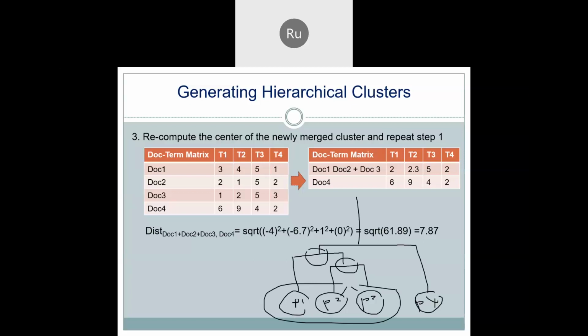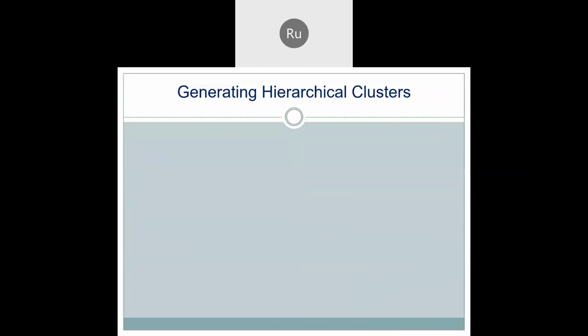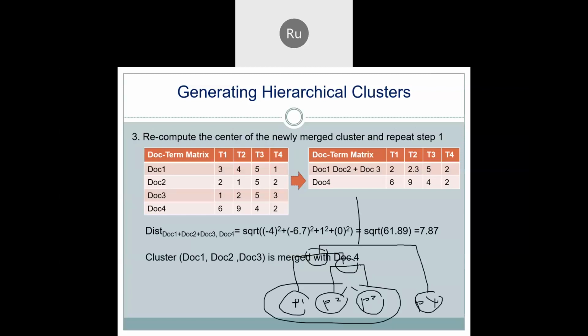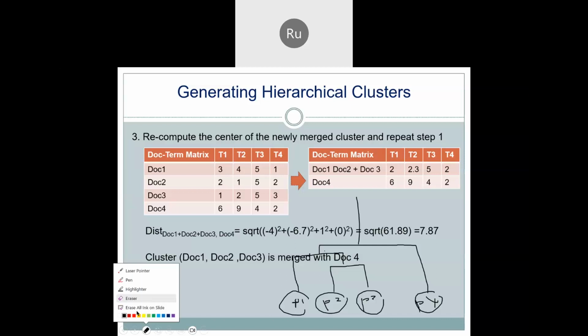So now, how do we apply the single link or the complete link? Let's suppose we use single link. If I go back to here, the good thing about this is that we can always find the clusters here. Let's suppose we say I want to find two clusters.